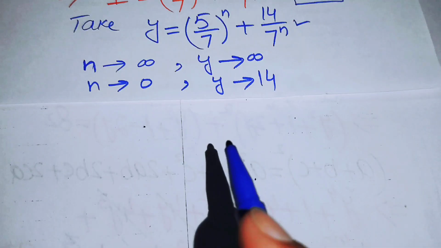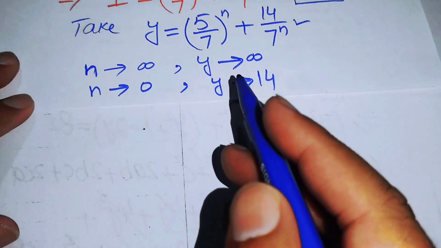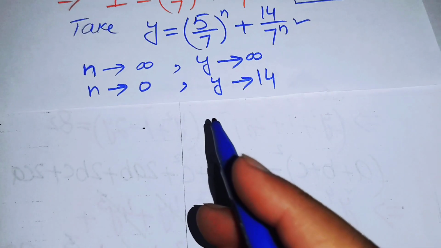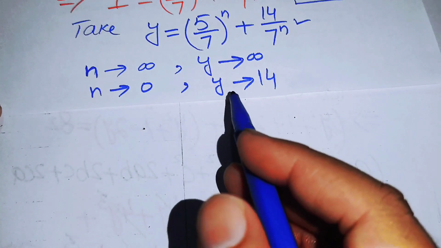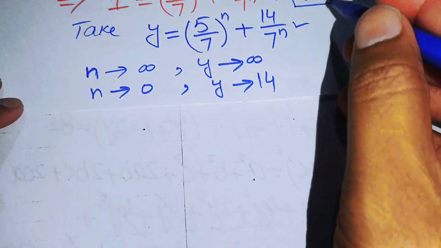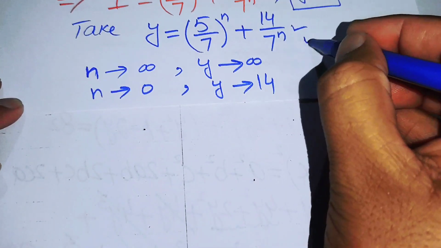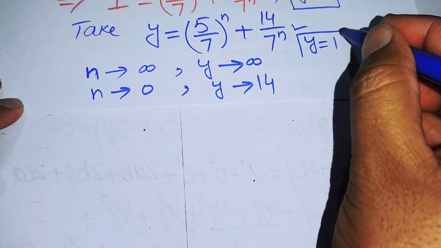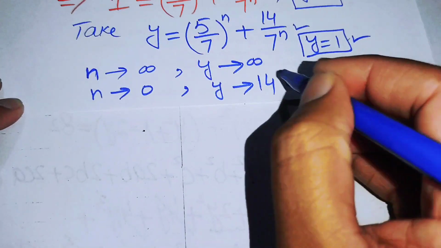So if we draw these values graphically, there are two values of y. One is y is equal to 1. There are two values, this and this.